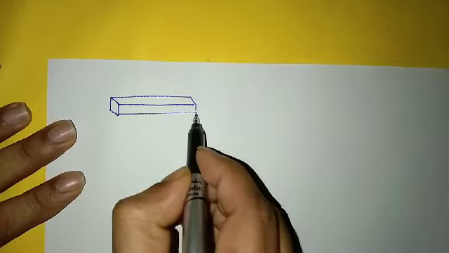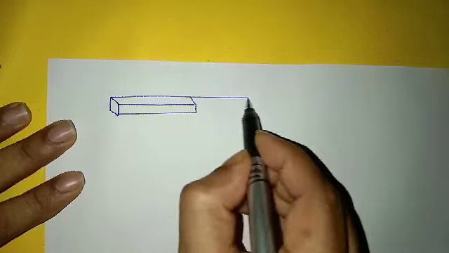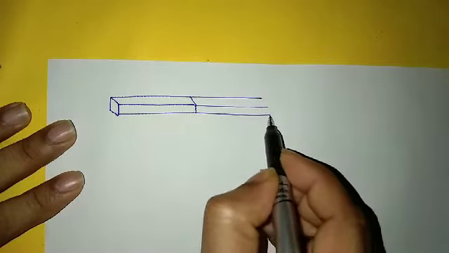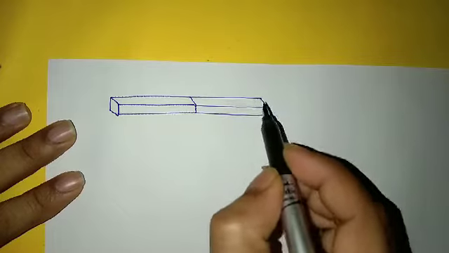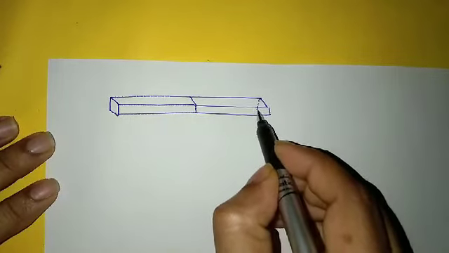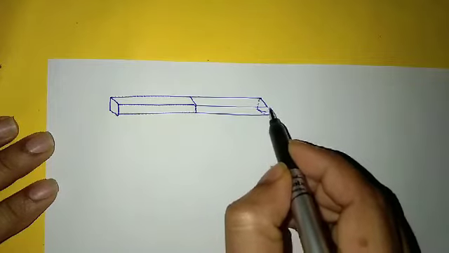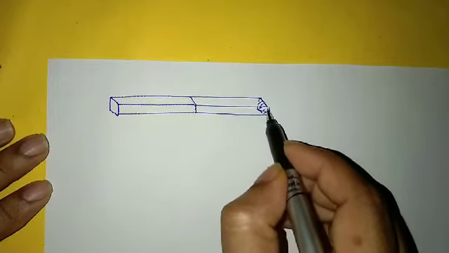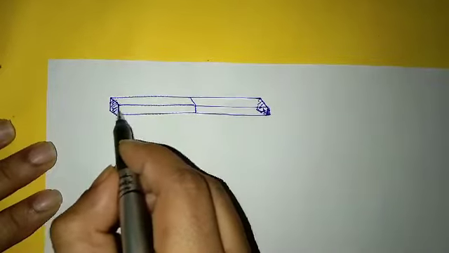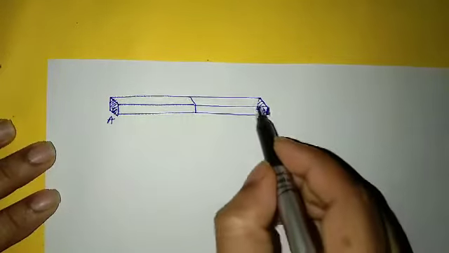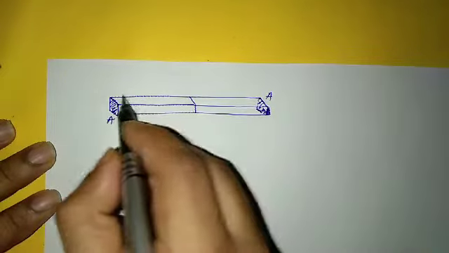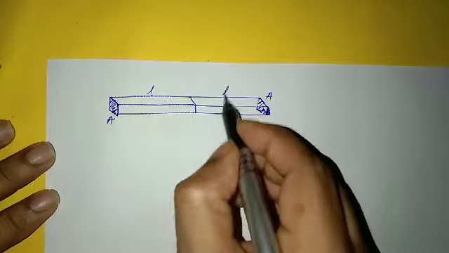This is how we connect. Length may be anything, but for simplicity I assume both the rods are of the same length. This area is A, this area is also A. The length of one rod is L, and the other one is also L.